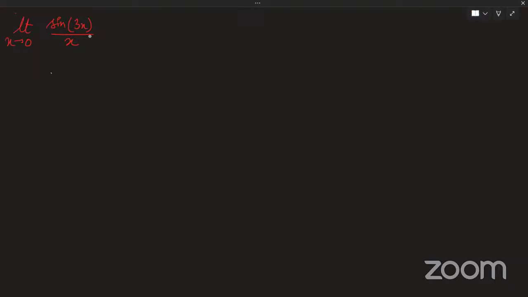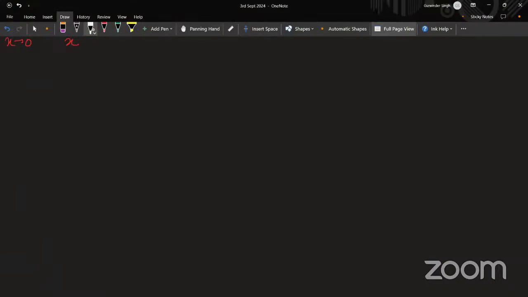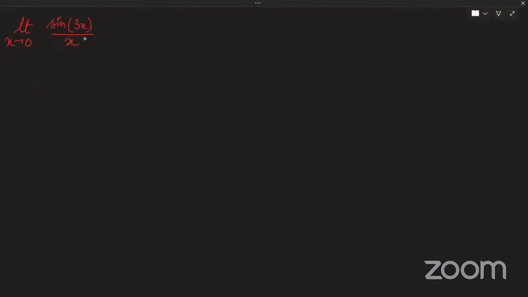Sine of 3x. Yes, that is the correct method, though using sine of 3x will make it longer. But okay, it should work that way also. Can you tell me the formula for sine of 3x? It is 3 sin A minus 4 sin cube A. Okay, do it your way.